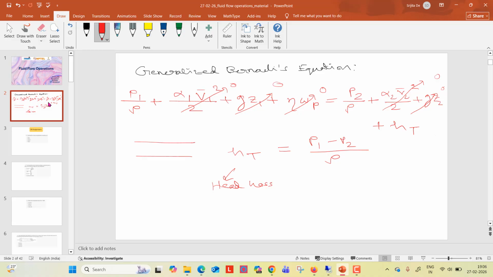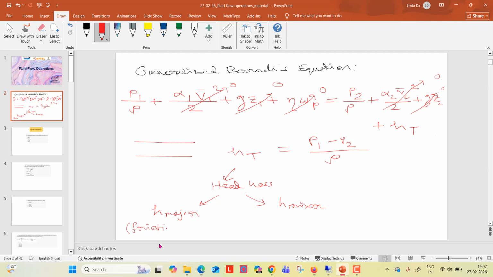And this head loss has two components: major head loss and minor head loss. So we represent it like H major and H minor, okay? So what is this H major? H major considers the friction in straight pipe.